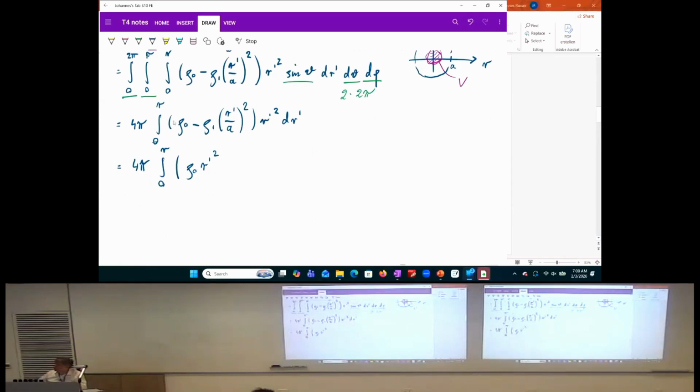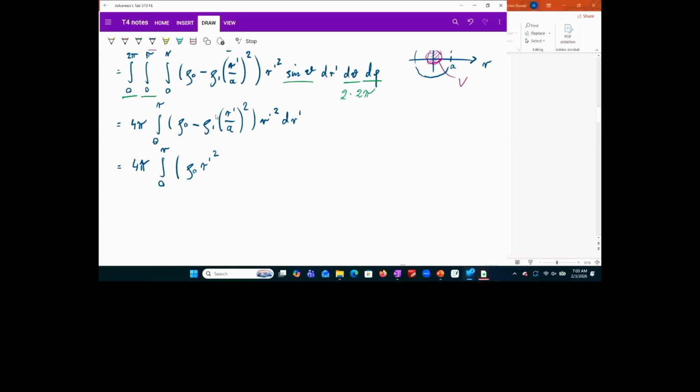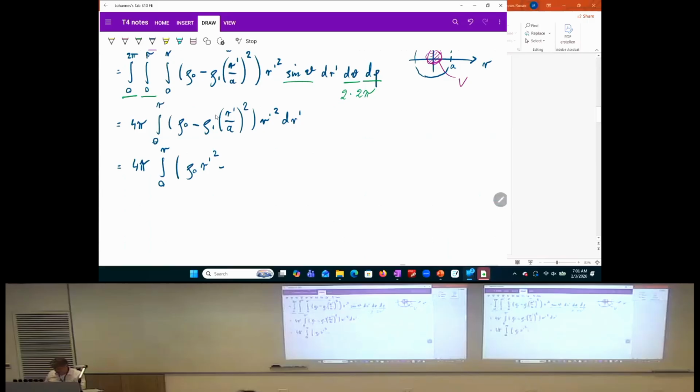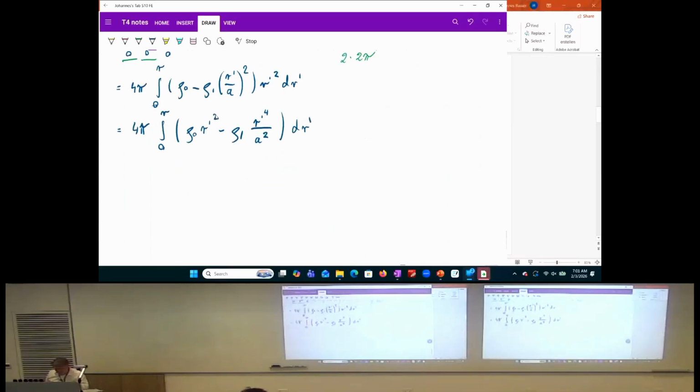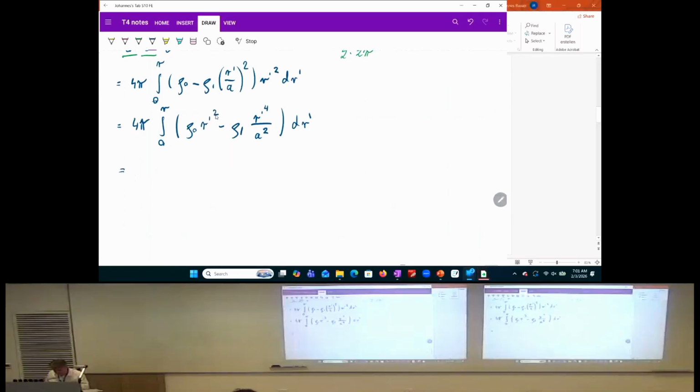And in the second term, that's minus rho 1, that becomes minus rho 1 times r prime to the power of 4 divided by a square. Everybody agrees? If you have any objection or question, please stop me immediately. So that is now very doable to integrate.